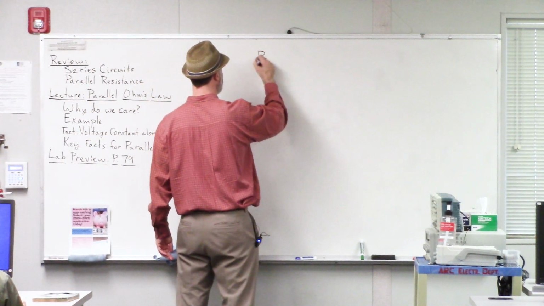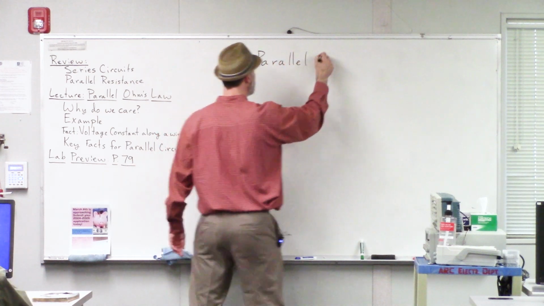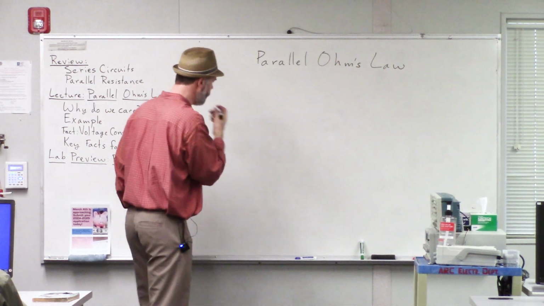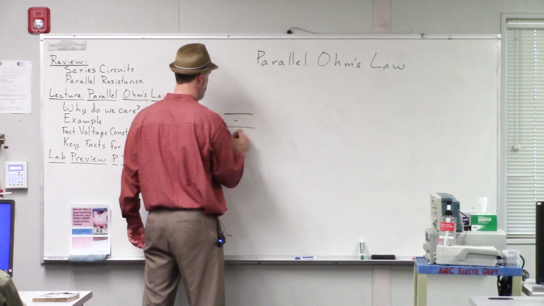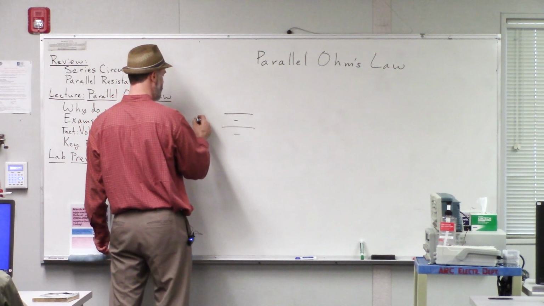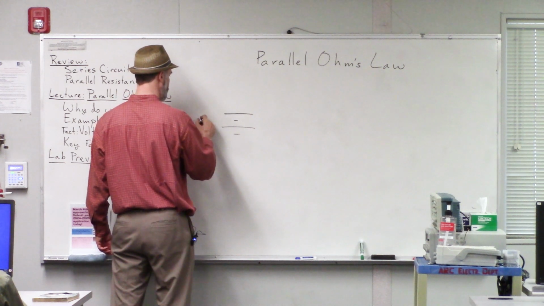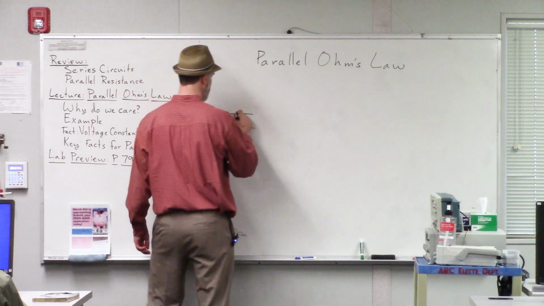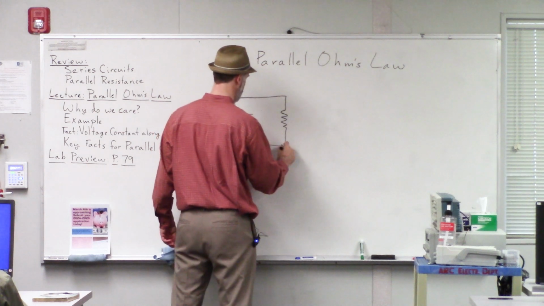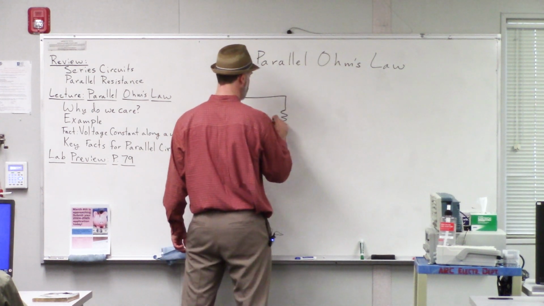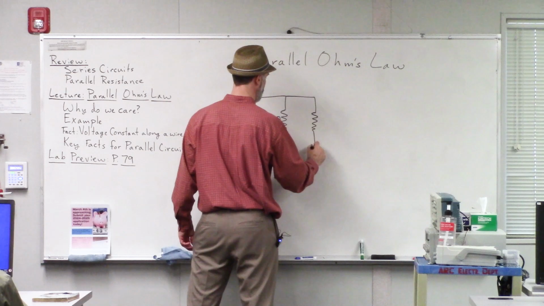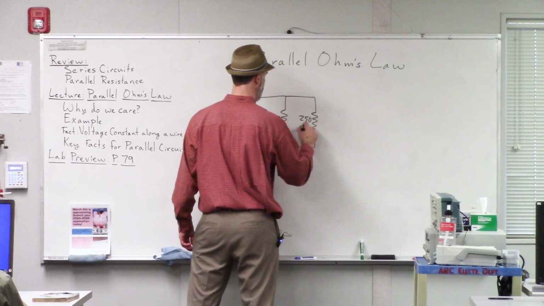So let's say we've got a power supply, and let's say that this is 10 volts, and then we've got a resistor that is 1 kilo ohm, and another one over here that is 250 ohms.